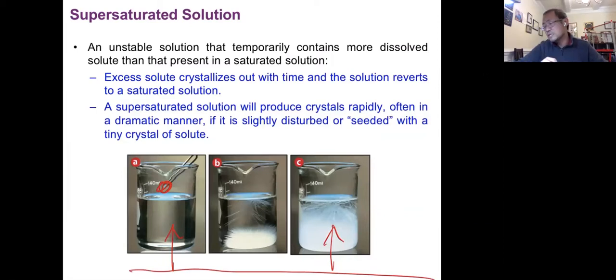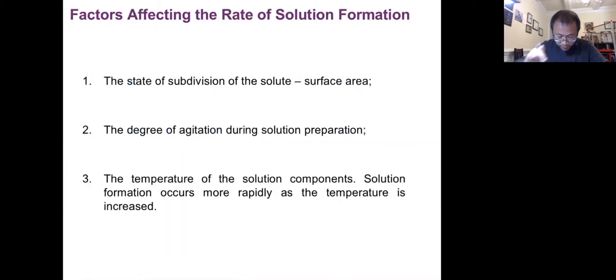So mostly we'll see 3 types. Supersaturated is not common, and saturated, how can we know? If we have solid remaining, that's saturated. If the solution is clear, it could be either saturated or unsaturated, depending on how much is in there, and we have to further test. All right, that's these 3 types of solutions.